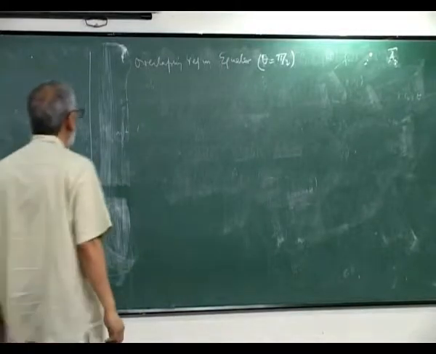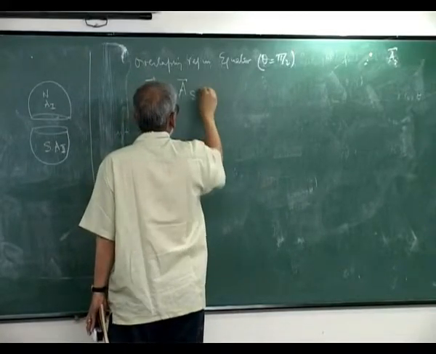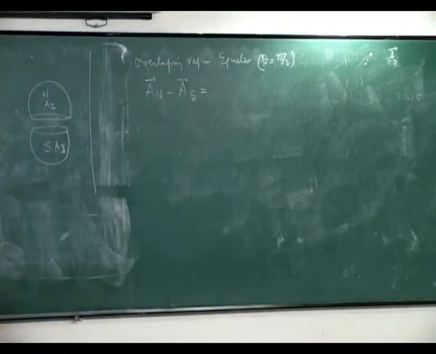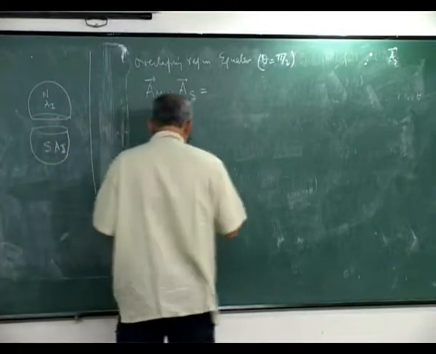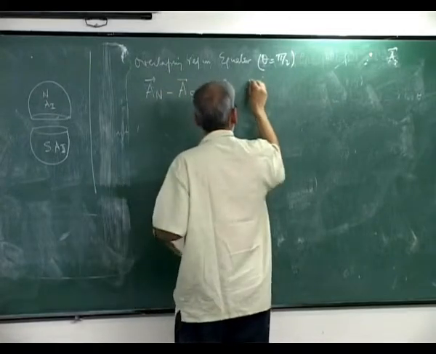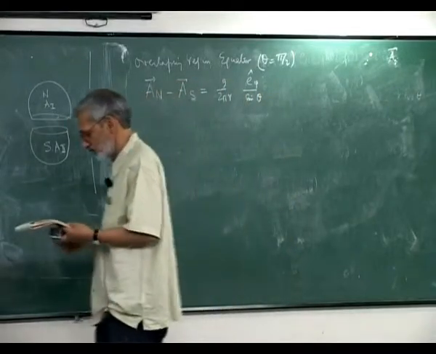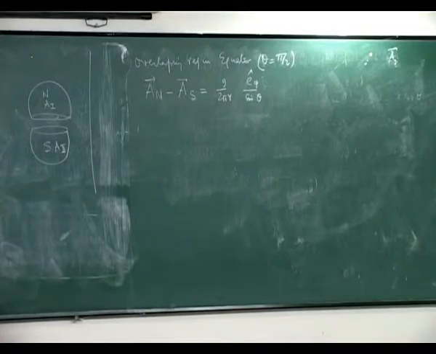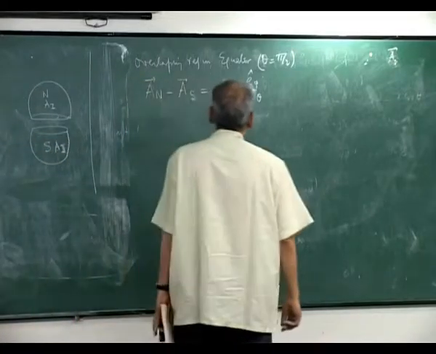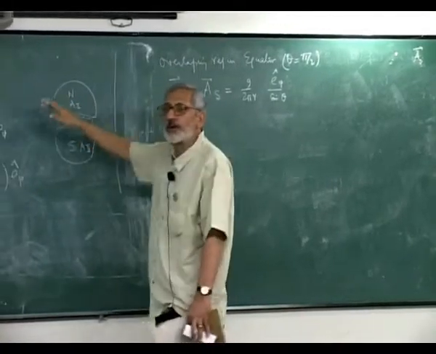Now what happens at the equator? Let me see what is the value of the difference of the two gauge potentials at the equator, or maybe let me extend it a little below, a little above, in the neighborhood of the equator.